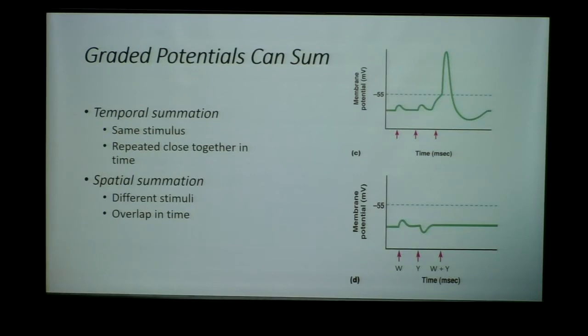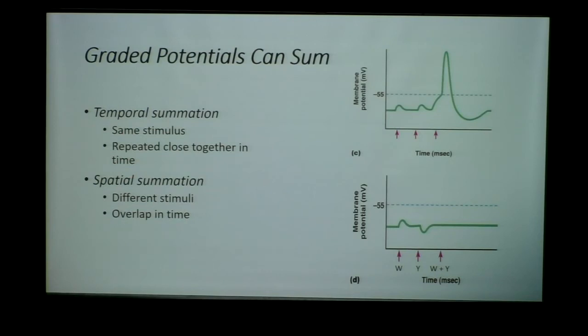If we stimulate one part of that soma repeatedly, and if those stimuli are close enough in time, they will add together. And again, we will determine whether or not we've gotten that negative 55 to fire an action potential. And if we do, we will fire an action potential. But the important take-home point here is we're adding those graded potentials in time.